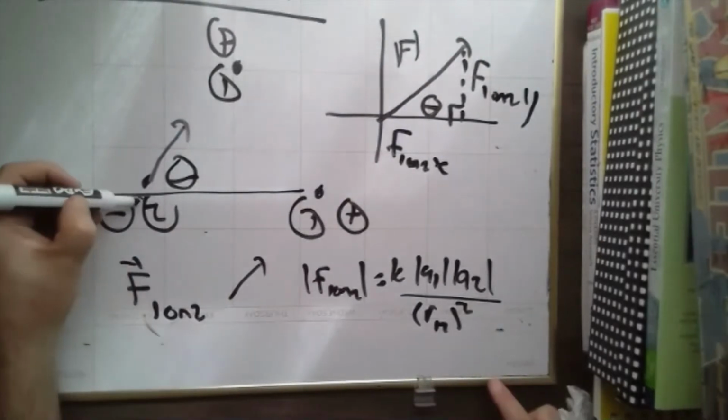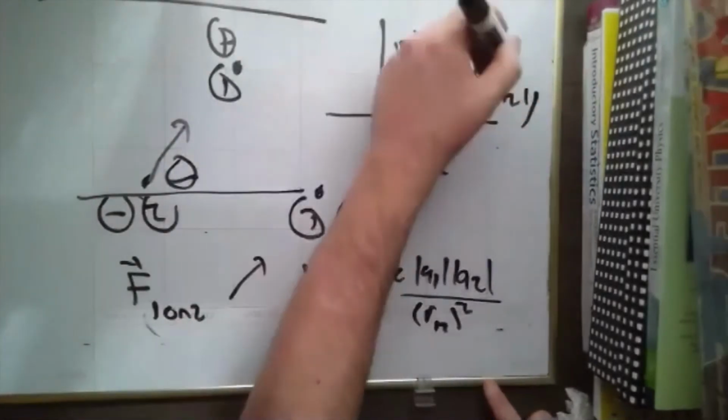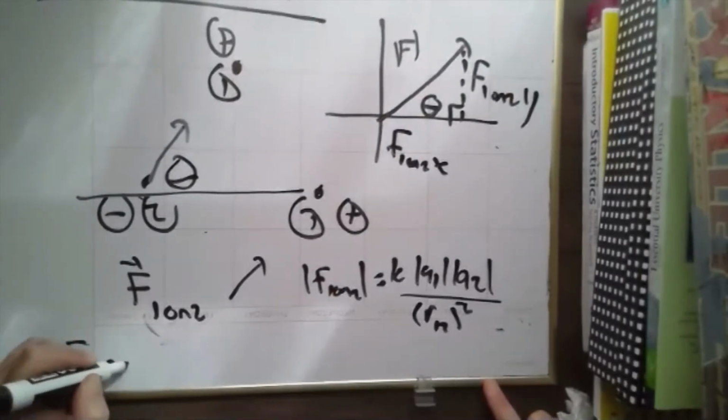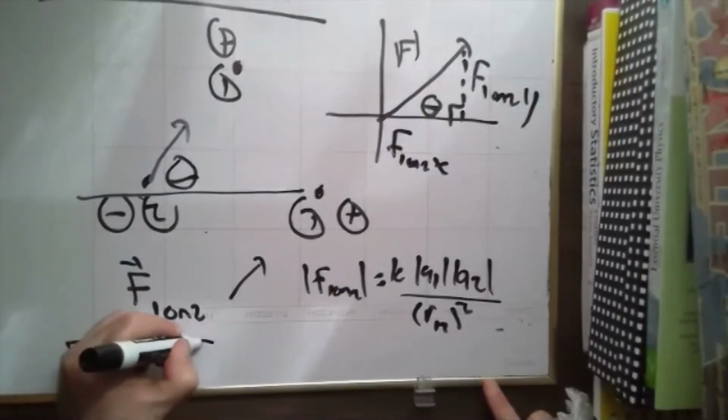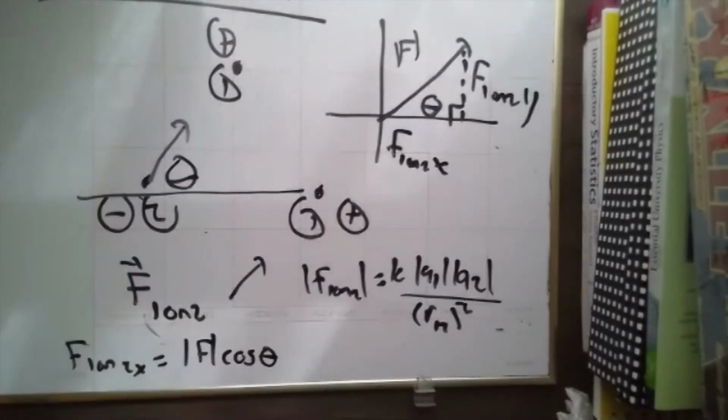If I want to write this vector in component form, then I have to do some trig here and say 1 onto x would be that magnitude times the cosine of theta from the picture I've drawn here.